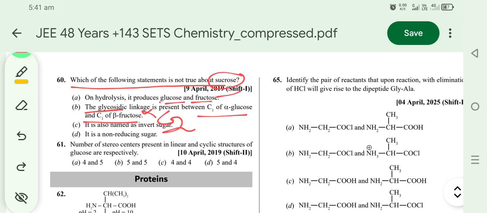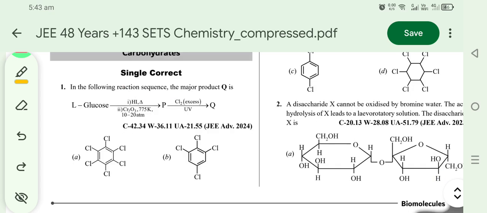Number of stereogenic centers in the linear structure and cyclic structure. In the linear structure, there are 4 stereogenic centers. In the cyclic structure, 5. So 4 and 5 is present in A. In the following reaction sequence, what is the major product Q?